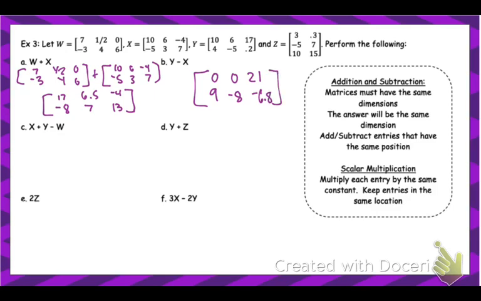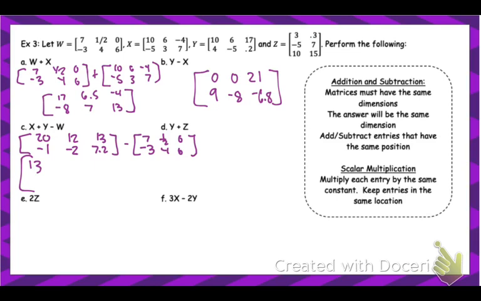All right, down here in C, again, there's just 3 operations. I'm going to do X plus Y minus Z. So I'll start with X plus Y. So X plus Y would be 20, negative 1, 12, negative 2, 13, 7.2. Then minus W. So 20 minus 7.